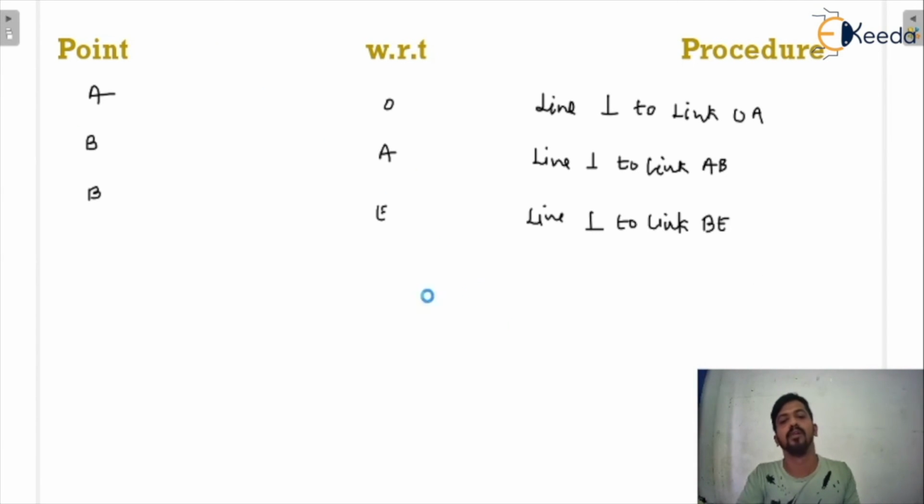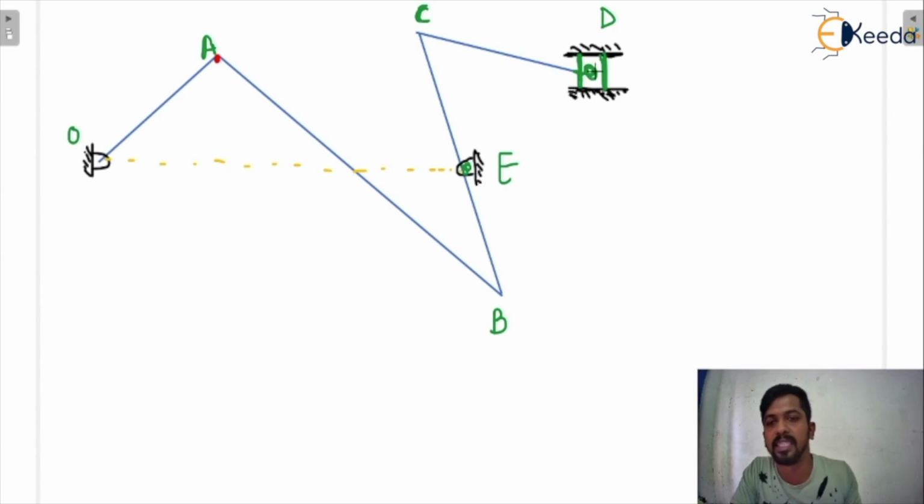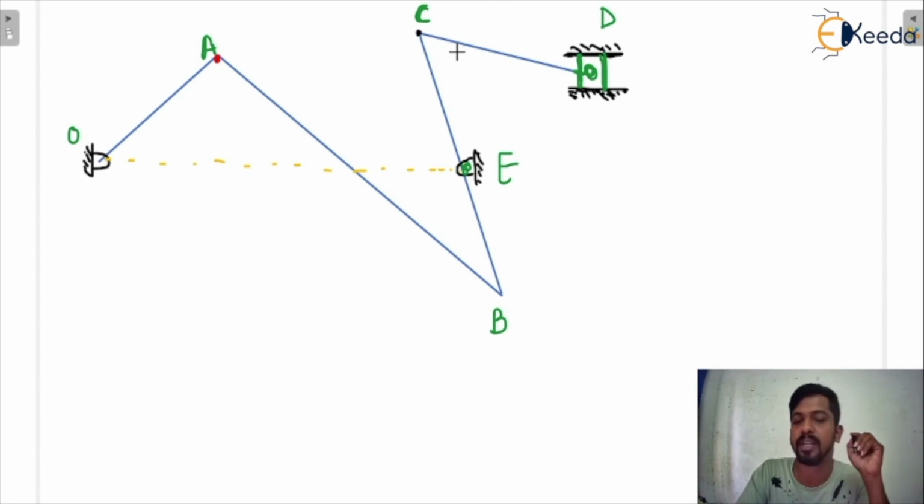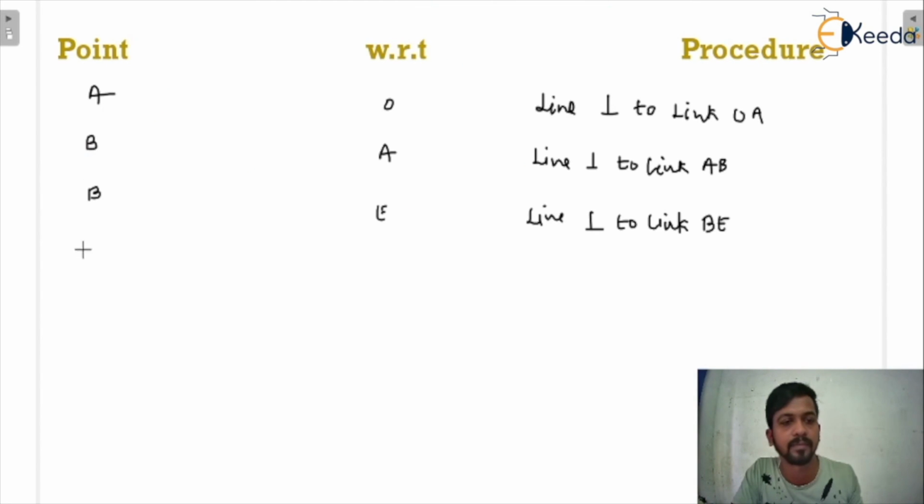Now here you can see there is a D, which is a slider basically, and the slider is in motion, first with respect to the fixed link and the other with respect to point C. So when I'm talking about the velocity at point D with respect to C, it would be a similar line, perpendicular to link CD.